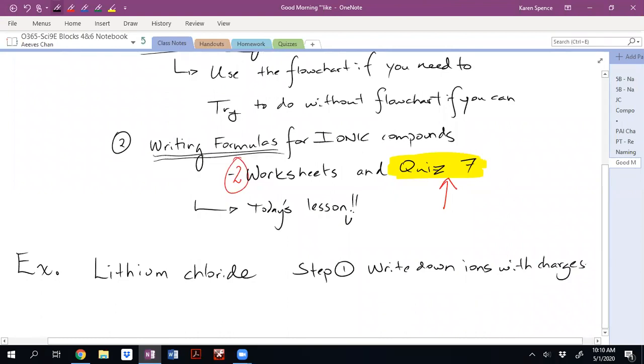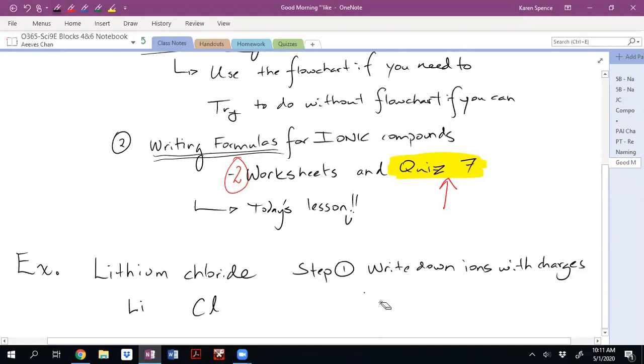Okay, so I know that lithium is Li, and I know that chloride is Cl. If I don't know the charges for those, where do I look? I could look on the polyatomic ion chart if they were polyatomic ions. These ones, though, Li has only one capital letter, so it is not going to be a polyatomic ion.